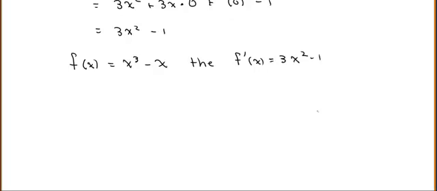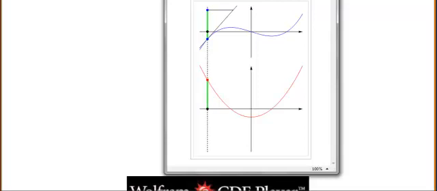Let's look at a graphic of this. Right, if we do so, notice I have two graphs here. The top one is f of x, x to the third minus x. The bottom one is the derivative f prime, which is 3x squared minus 1. Notice here at x is equal to negative 2, well, I guess it's not quite negative 2, but at this value of x, the same value of x, this run is 1, so this rise gives us the slope of this tangent line.